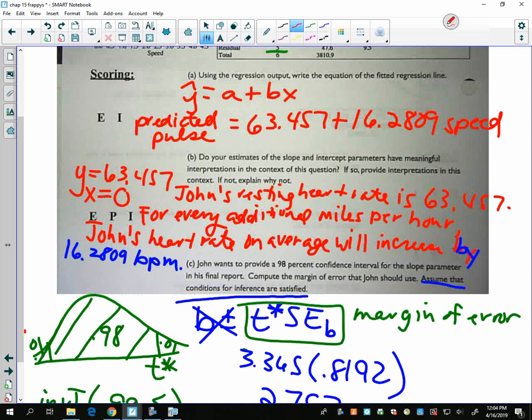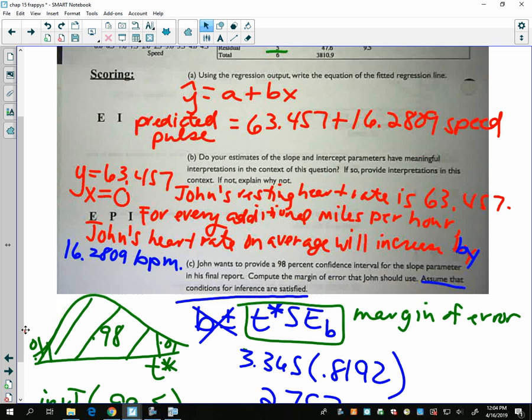This is like review. So the y-intercept, if this is his pulse rate and x is 0, what does that mean? Yeah, this would be John's resting heart rate, that's the y-intercept. Now to interpret the slope, for every additional mile per hour, John's heart rate on average will increase by 16.289 beats per minute.